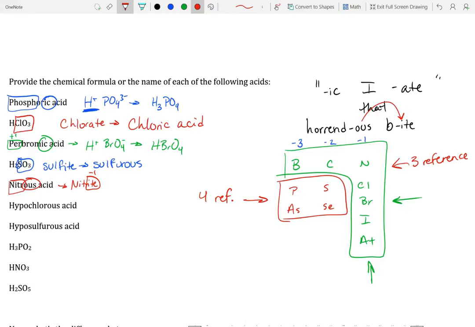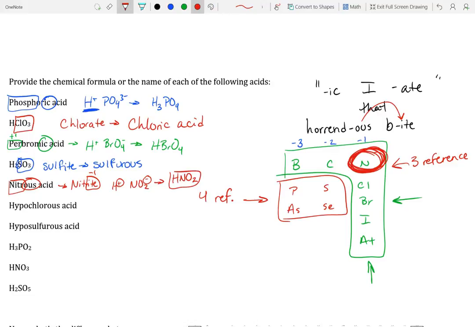Right here, nitrate is inside the 7 with 3 reference oxygens, so we removed 1, and therefore we should have a backbone of NO2 minus, right? Now the charge of a proton is +1, so it takes 1 plus to cancel out 1 minus, so this becomes HNO2.